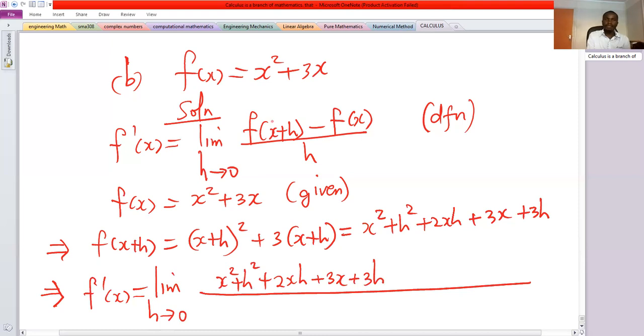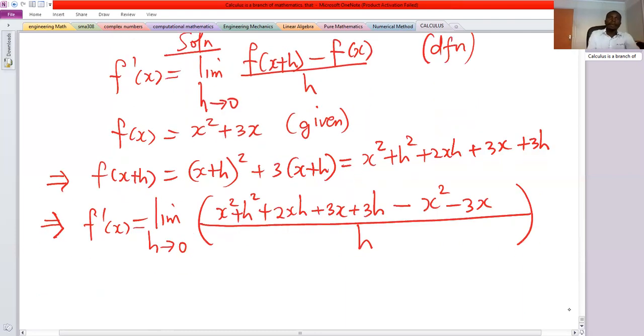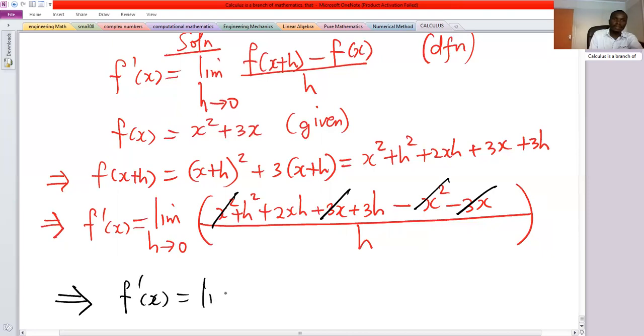So this is the part f of x plus h, minus f of x, so x squared minus 3x, divided by h. By that substitution, you see some terms will cancel out. x squared minus x squared, minus 3x plus 3x. So f prime of x equals the limit as h approaches 0 of h squared plus 2xh plus 3h, divided by h.